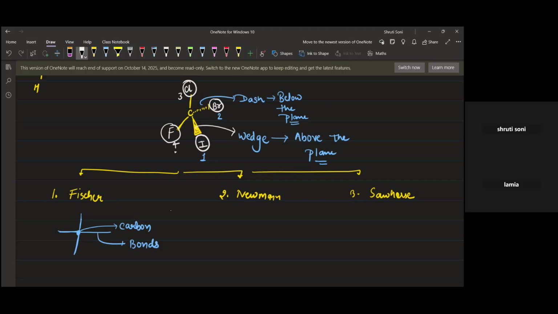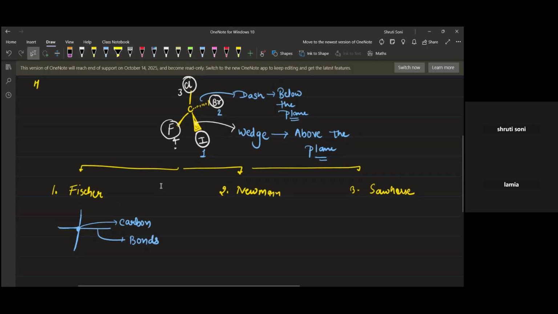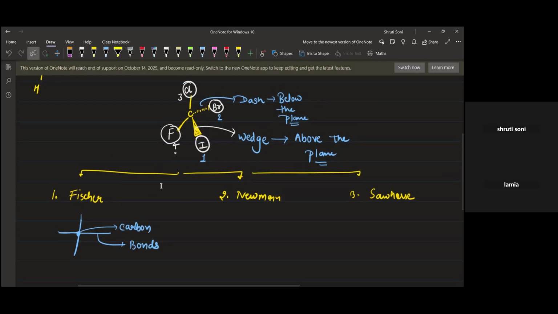There is a website which is very useful to understand how the molecules look. If you don't understand how the molecules are arranged, you're not able to identify from which side the nucleophile will attack, from which side the electrophile will attack.